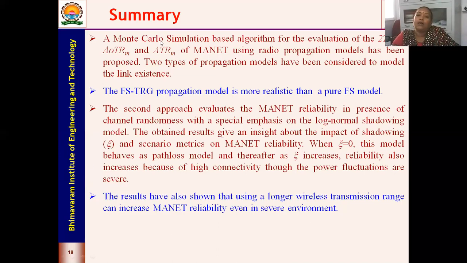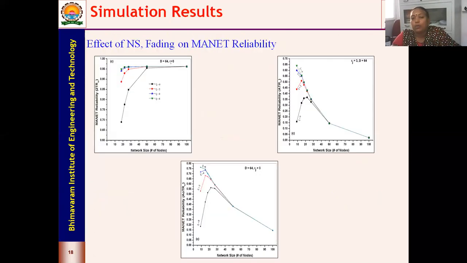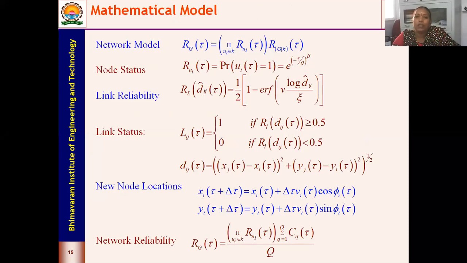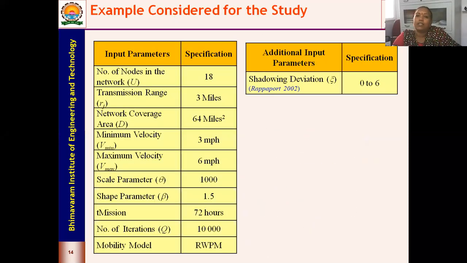So using these models, we could go in for longer wireless transmission happening in spite of the severity in the signals. So this is about the propagation models and the FSTRG models.